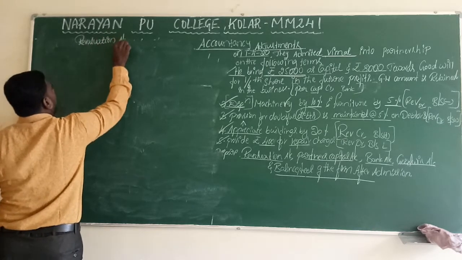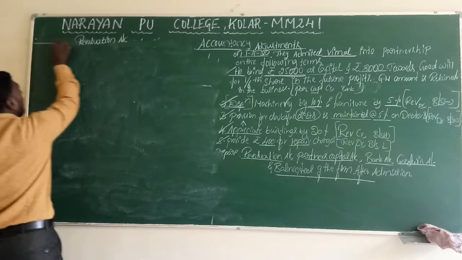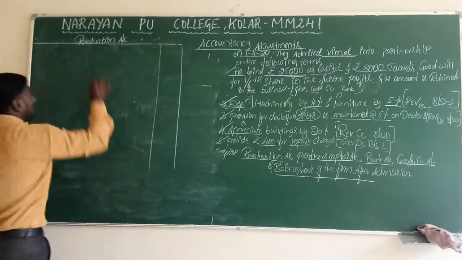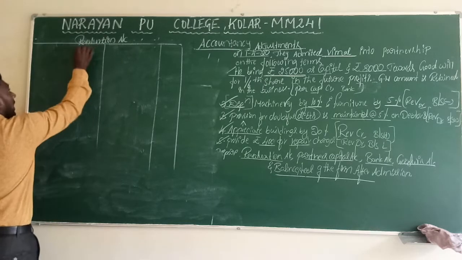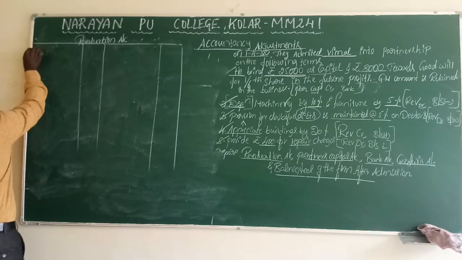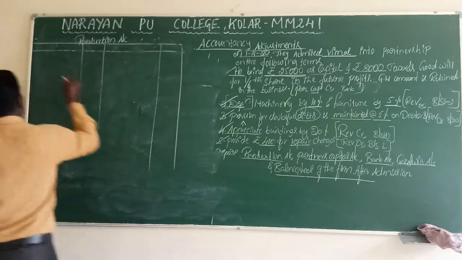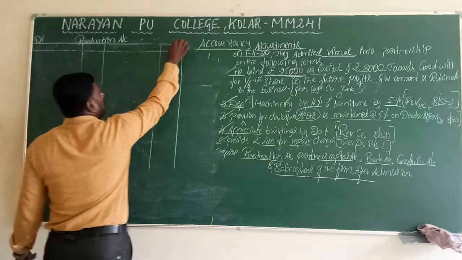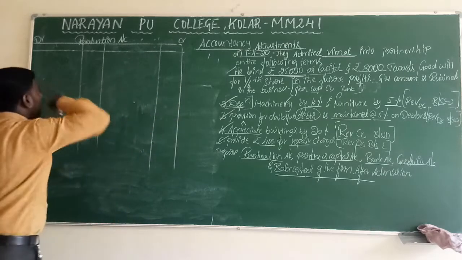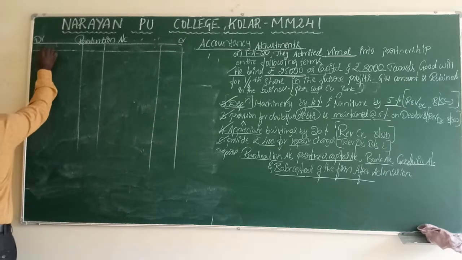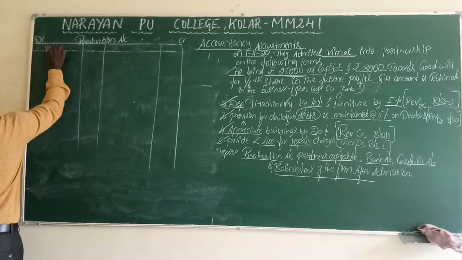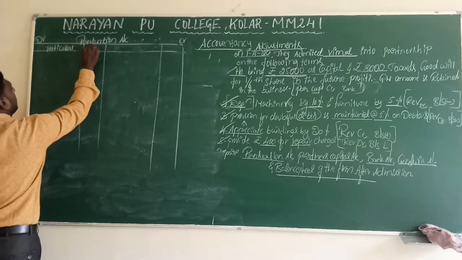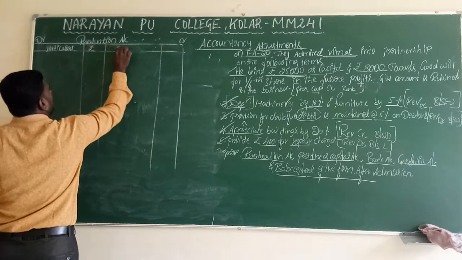The columns of the revaluation account are very simple: particulars, amount, particulars, amount. First we write debit and credit. These are the two pillars of the accounts. Without this, it is not possible to prepare the account. Particulars, amount, particulars, amount.